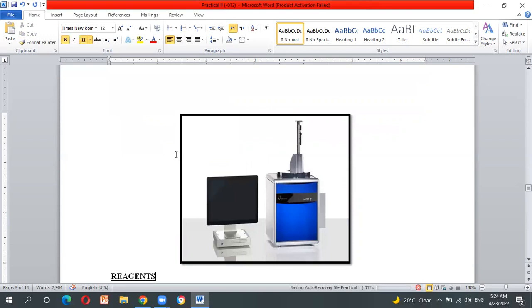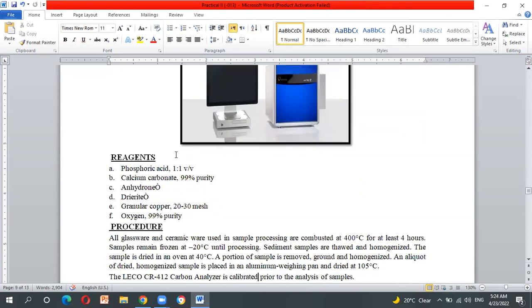This is analytical equipment for determining total organic content.